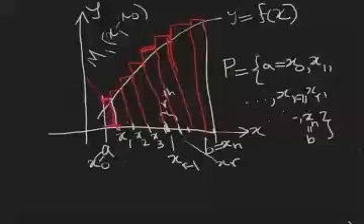And for the next sub-interval, x sub 1 and x sub 2, the minimum value of f is somewhere here, and I complete a rectangle. And here as well, I keep doing this.